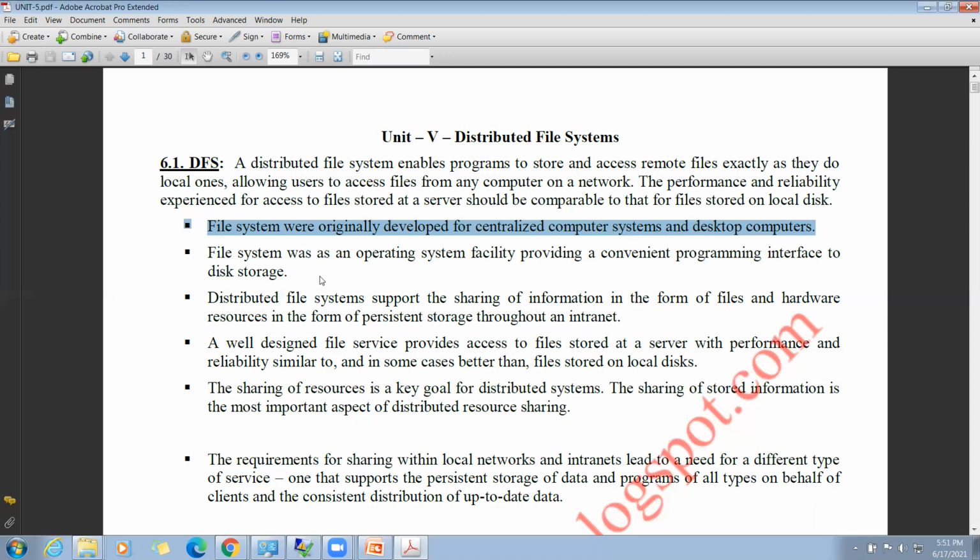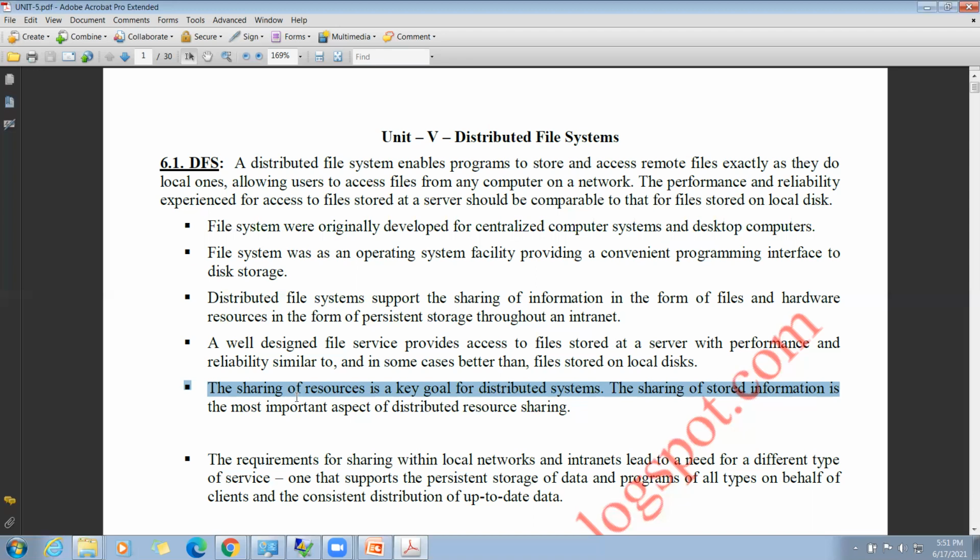The fourth point. The sharing of resources is a key goal of distributed file systems. Why? Because in a distributed system, the resources are shared among the systems. Our key goal here is sharing the resources. That was the main goal of distributed systems.